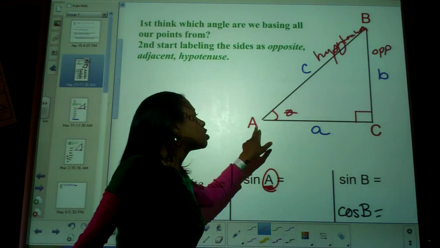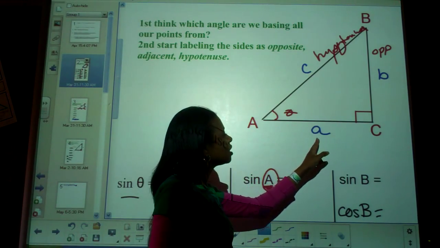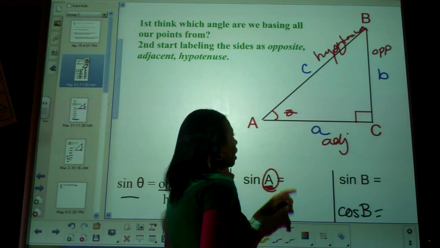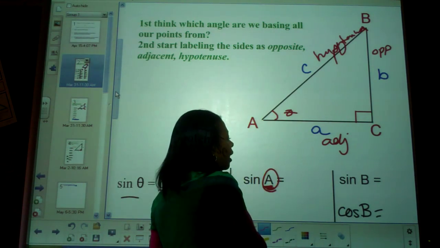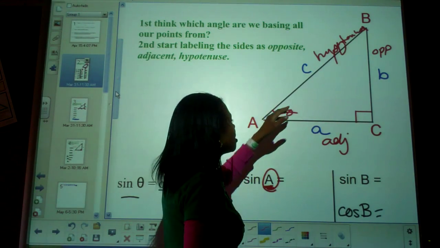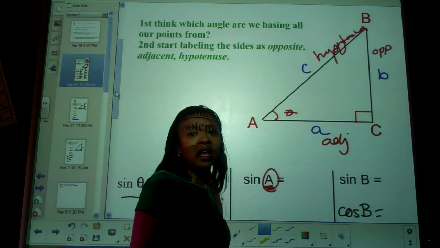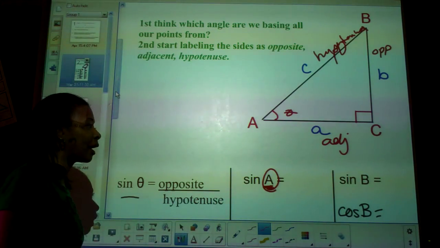All right? So adjacent, if we remember, means next to. This side A is the adjacent leg in reference to this theta or angle A. Now that I know in reference to angle A which is the opposite, the adjacent, and the hypotenuse leg, I can do a comparison. Now I can compare my sine.